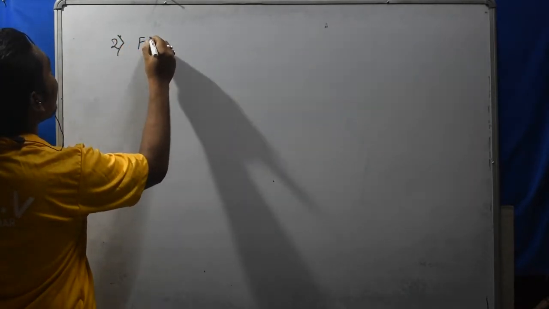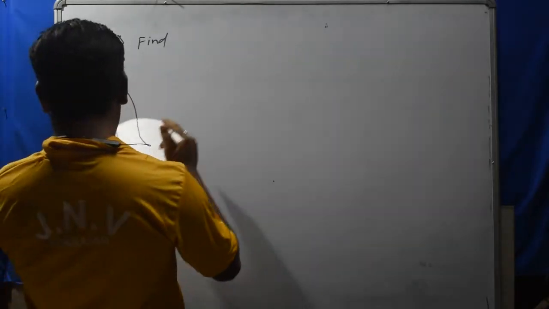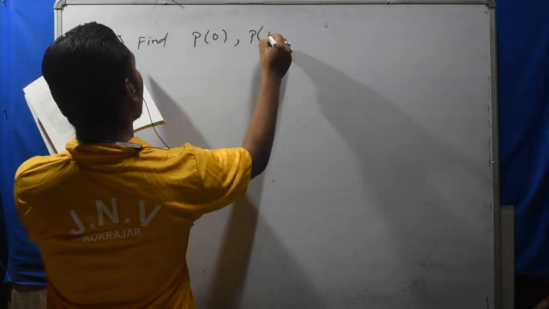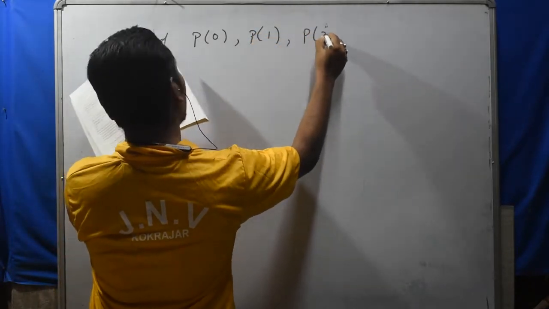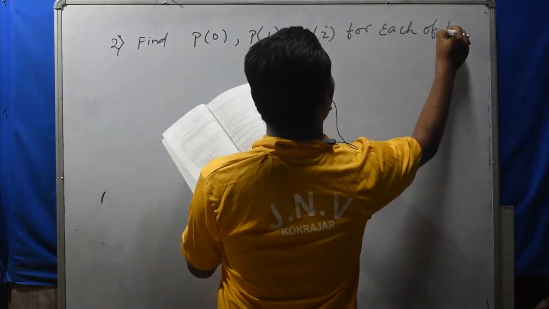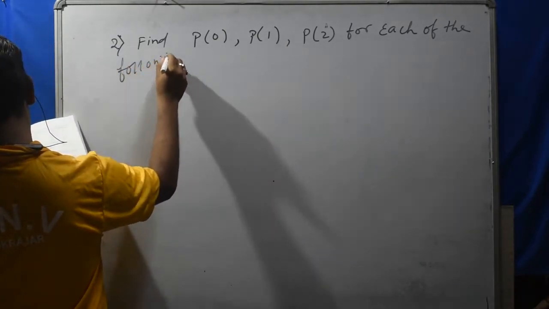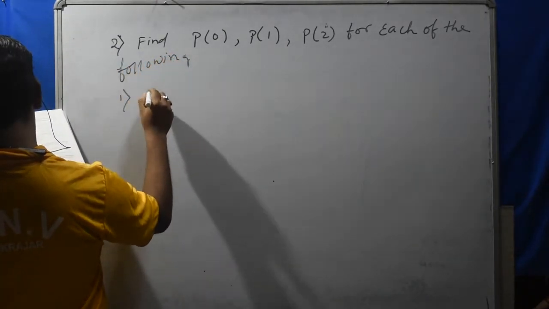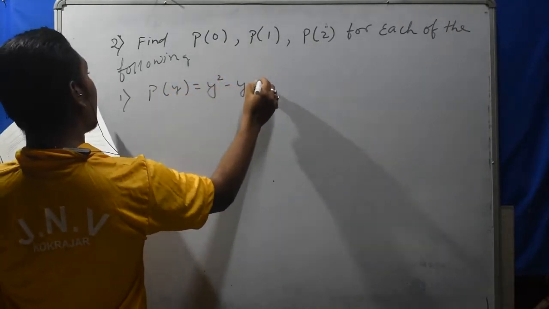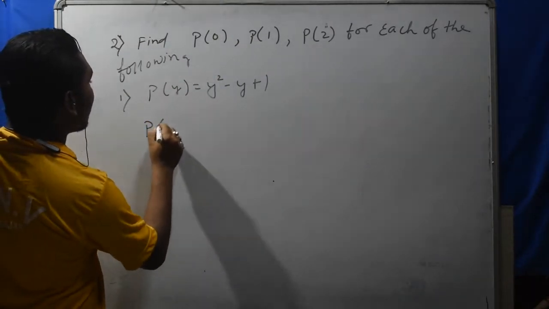Find P(0), P(1), P(2) for each of the following. Number 1, p(y) is equal to y square minus y plus 1. I will solve only one, the rest you will solve.